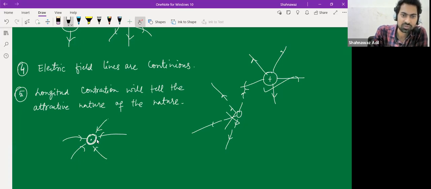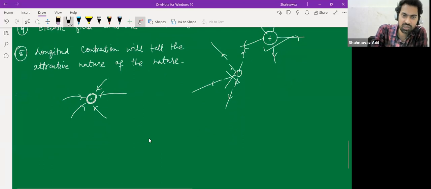Understood, guys? So let's say that a field line comes out of this point and then goes to this point. So we can say about the polarity of the charge. Let's say this is Q1, this is Q2. What is the polarity of Q2 and what is the polarity of Q1?